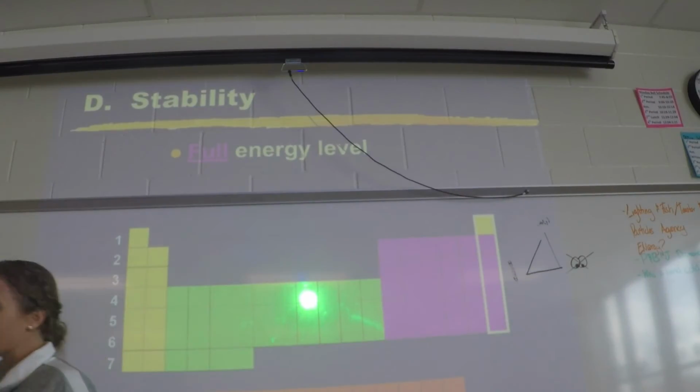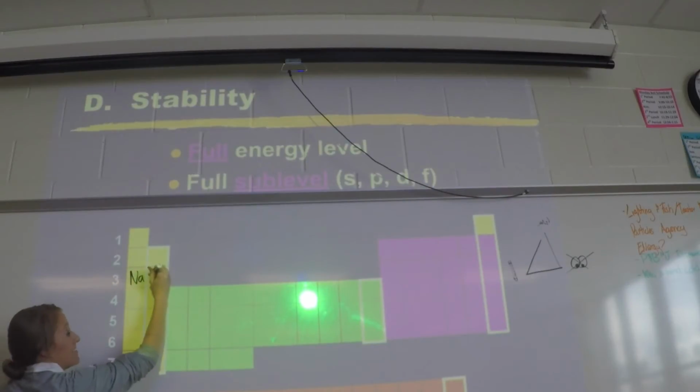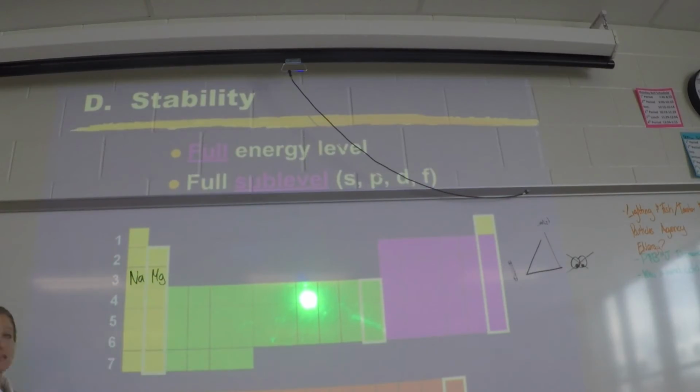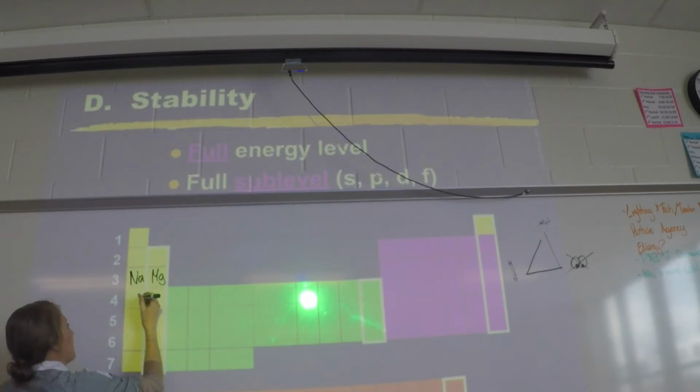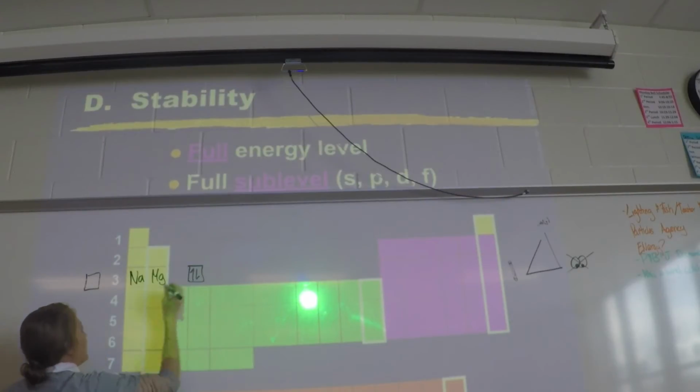What we also find, though, is we get a form of stability by having just a full sublevel. Next time as part of my demo, I'll react sodium, so this is sodium right here, and this is magnesium. We'll react both of those, and you'll see that magnesium is not as reactive as sodium because its s orbital is filled when sodium's is not.